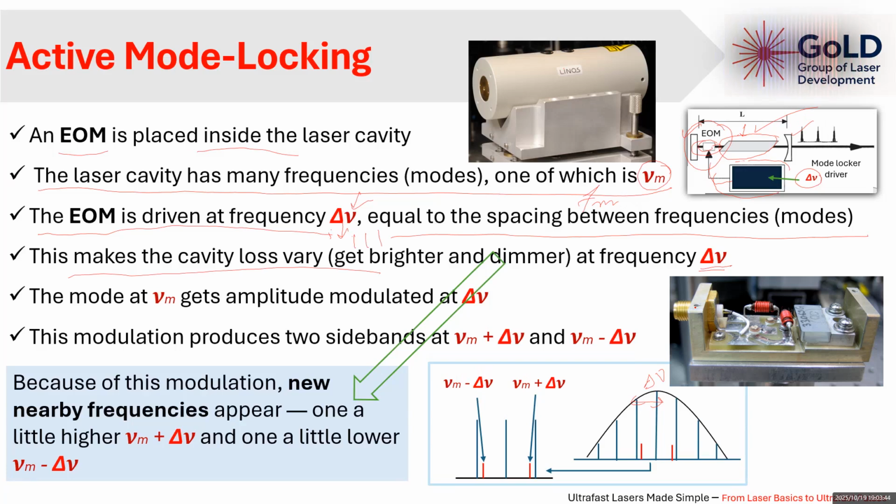Each mode has frequency nu m, and the separation between the modes is delta nu. The modulator is operated at this frequency, so the losses in the cavity go brighter and dimmer, on and off. It may not be fully off; you can say the brightness is reduced.